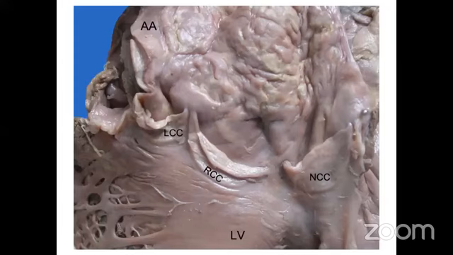Now, apart from the origin, we also have to look at the patency of the coronary ostia. So here, both the coronary ostia are narrowed because of a classic tree bark appearance of the ascending aorta, which is also dilated, and it also shows superimposed atherosclerosis.